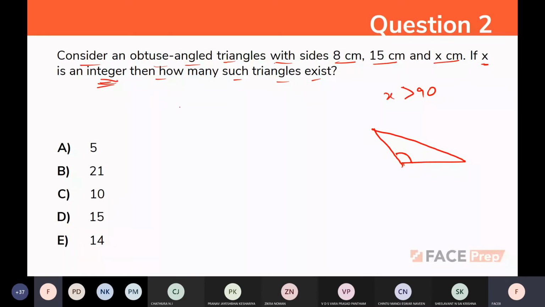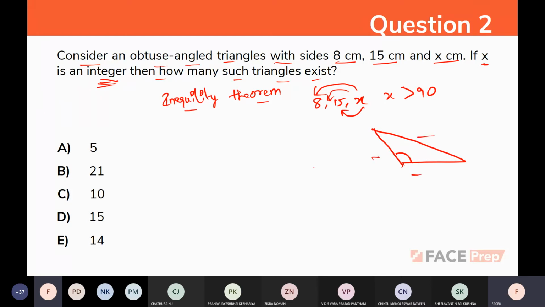Okay, which means to find the range of x, we can apply the inequality theorem. The inequality theorem is used in these types of cases. If we have one unknown side, we cannot assign the sides to this triangle, right? We don't know x, so it can be less than 8, or it can be greater than 15, or it can be in between. So we cannot assign them to these three sides.